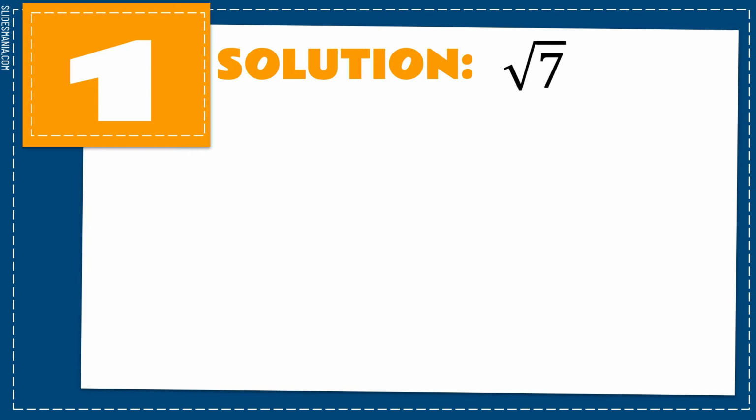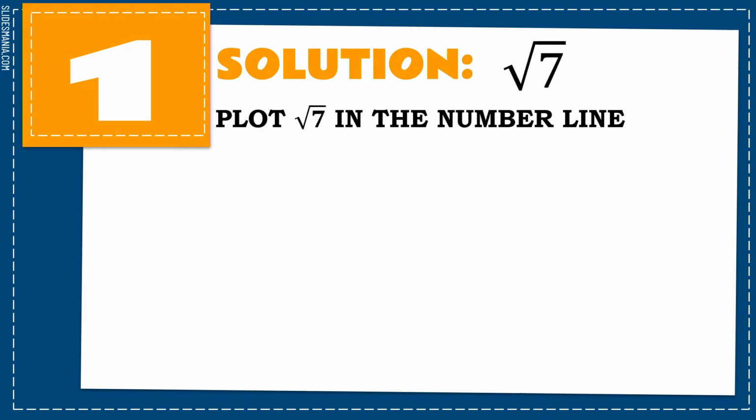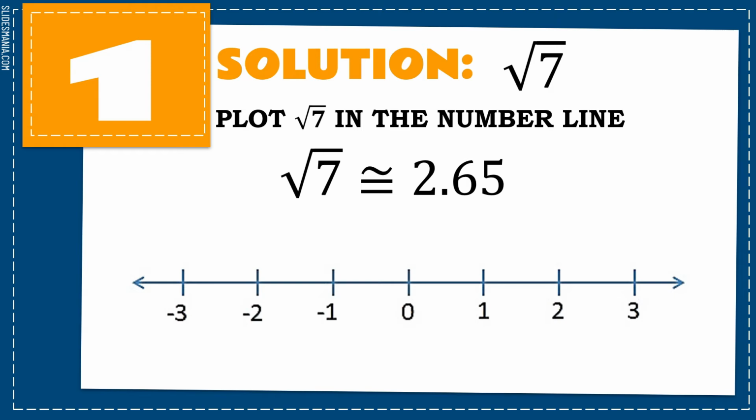Since we are done estimating the square root of 7, we know that it is approximately equal to 2.65 and is located between the integers 2 and 3. So let us estimate the location of 2.65, and there we have it, the location of the square root of 7 on the number line. Easy, right? Let us try another one.